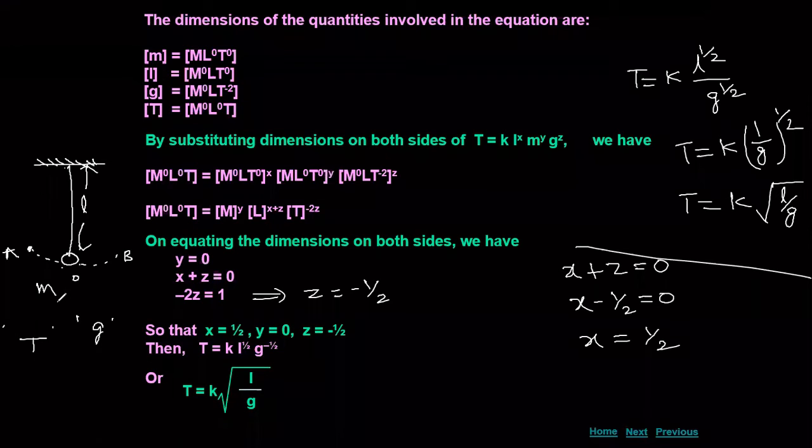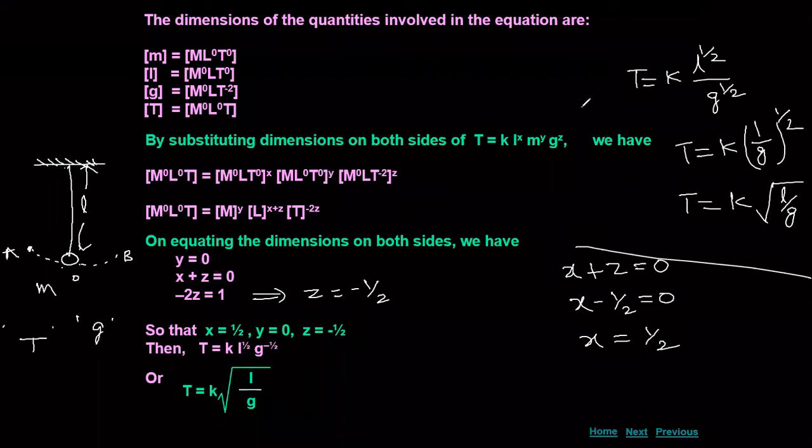Here I have considered that the time period depends on mass, but finally I didn't get it. That means mass is not involved in it. So the time period of a simple pendulum is independent of mass. We could find that in the end result. So by using this dimensional analysis method, we can find relations among physical quantities.